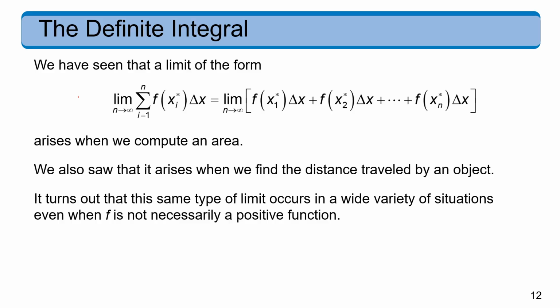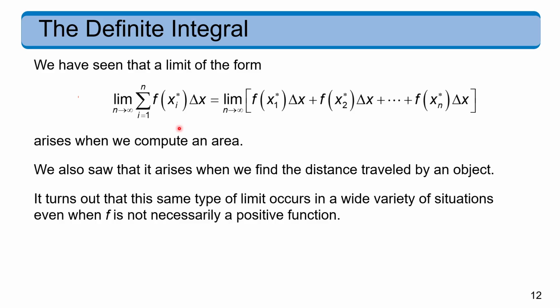Here we see the expression we derived in the last section to solve the area problem. So the area below this curve f over a given x interval. And the same expression appeared when we solved the distance problem, right? If f represents a velocity function and we wanted to find the total distance traveled over a time interval.